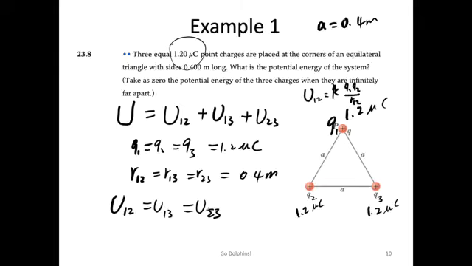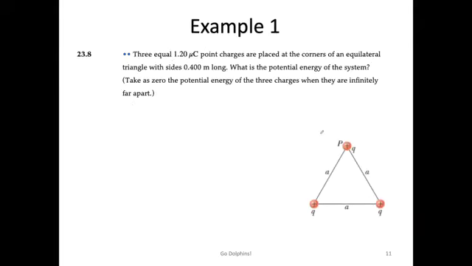So the total potential energy also equals 3 times U12. It seems we just need to calculate the potential energy between Q1 and Q2 and then multiply by a factor of 3, and then we find our answer.